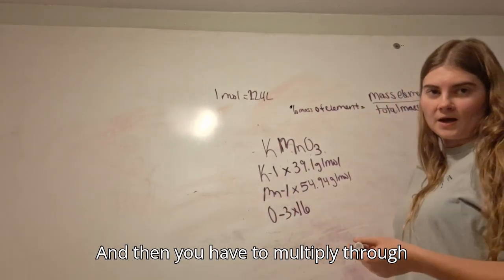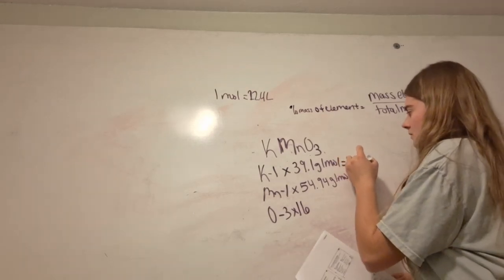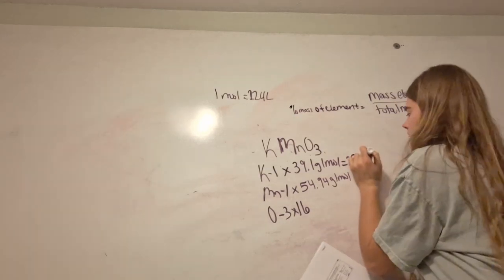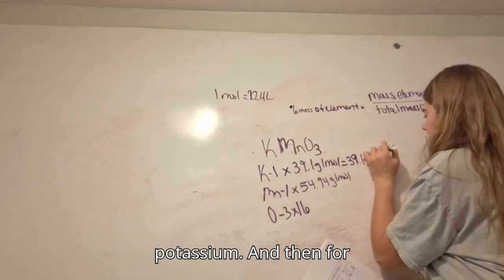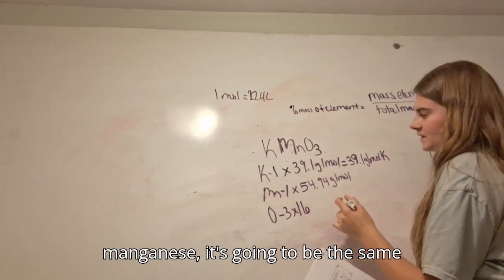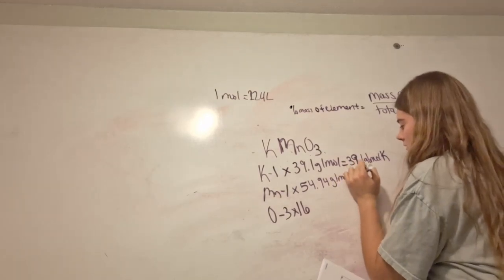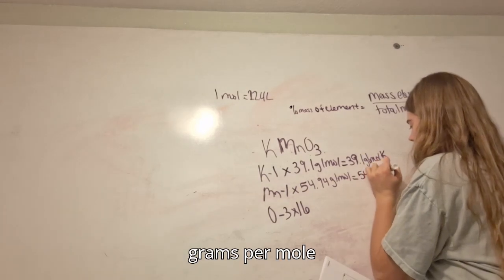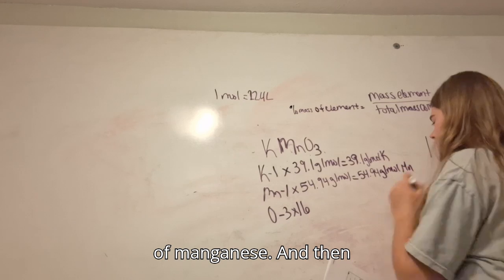And then you have to multiply through again. So that's going to be 39.1 grams per mole of potassium. And then for manganese, it's going to be the same thing, 54.94 grams per mole of manganese.